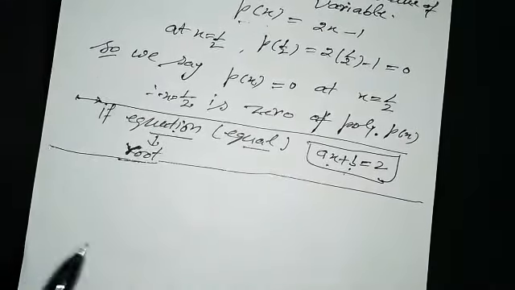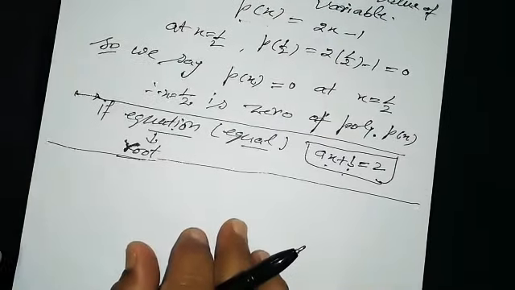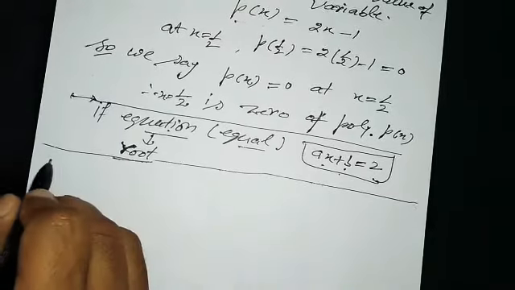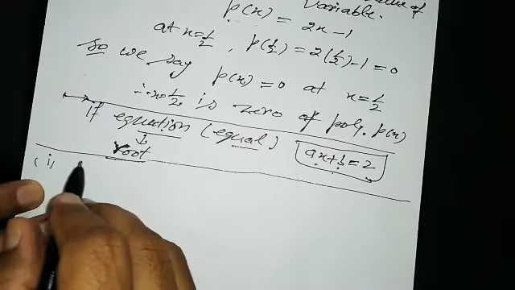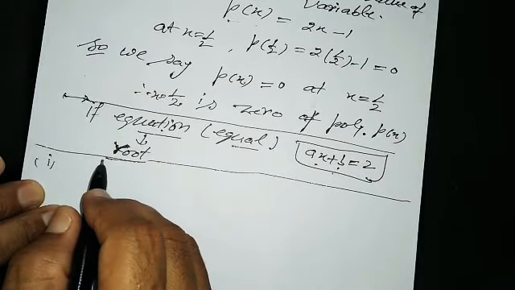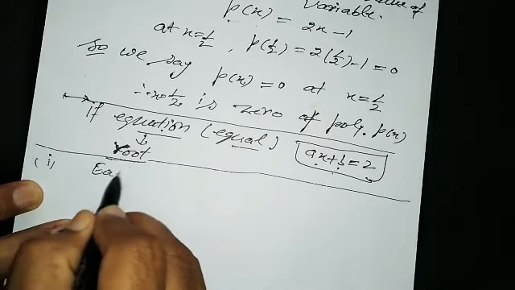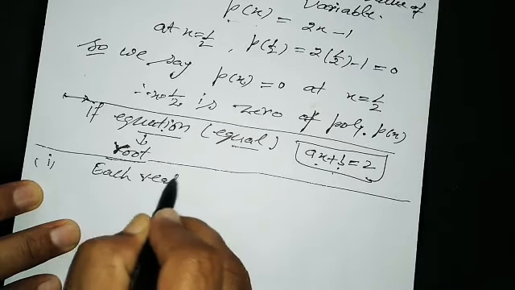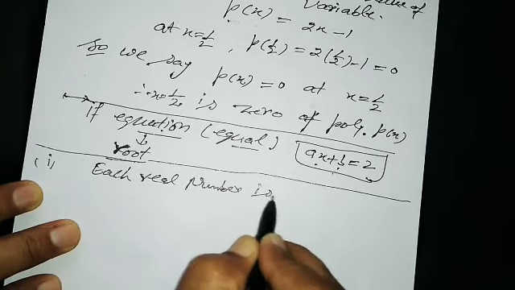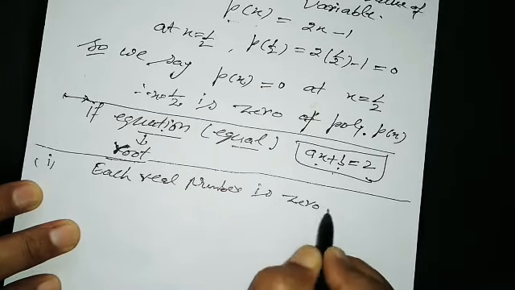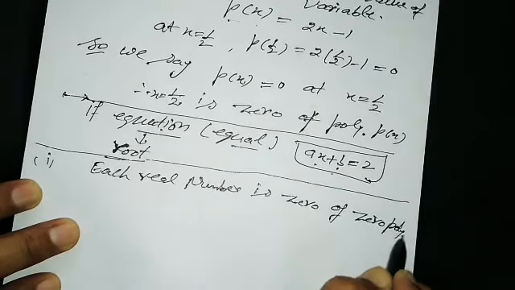So don't get confused between these two words, and in next class we will have a better discussion about equations. So here we have just 2 points, and I think you must remember these points. First point is that every real number is zero of the zero polynomial, right?